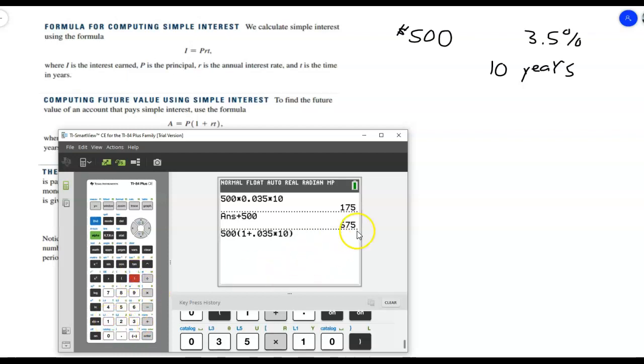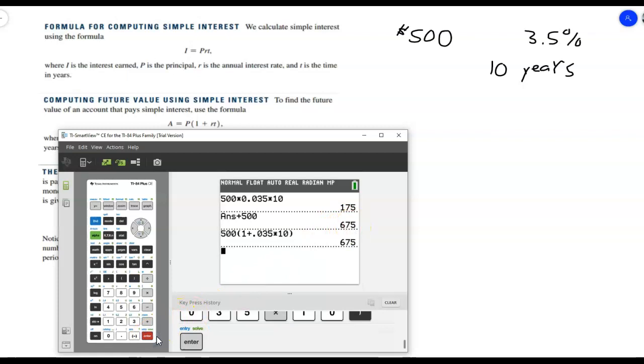If we did it correctly, we should also get $675, which we do. So all this formula does is find your interest and then add it to your principal.